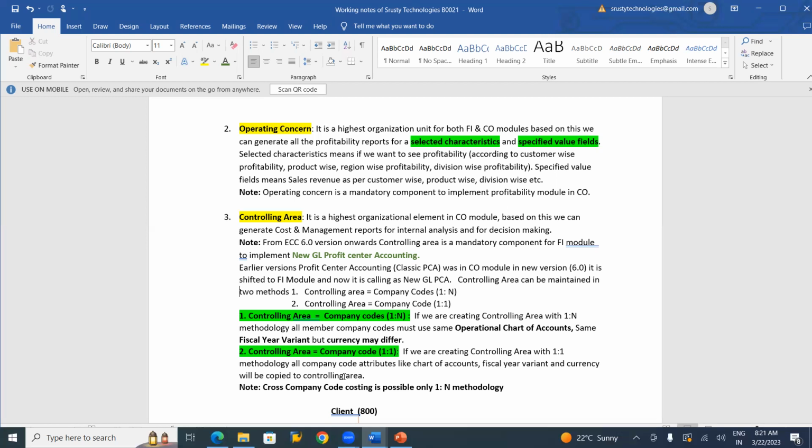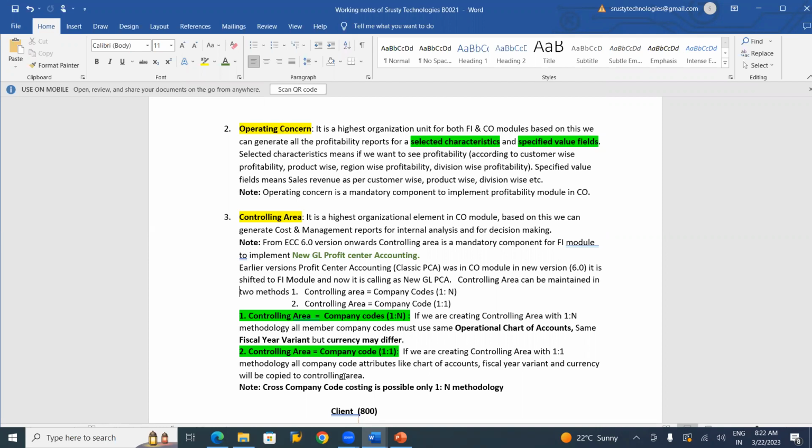Clear? This is a very important step. If I have 5 different member company codes but I am using 1:1 methodology, then intercompany transactions are not possible. Cross-company code costing means one company code's cost I can't transfer to another company code. This is possible only when the company is following 1:n methodology. Then only intercompany postings, intercompany costing and intercompany transactions are possible.